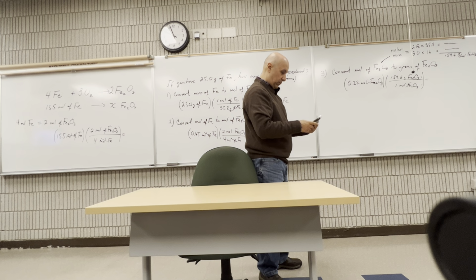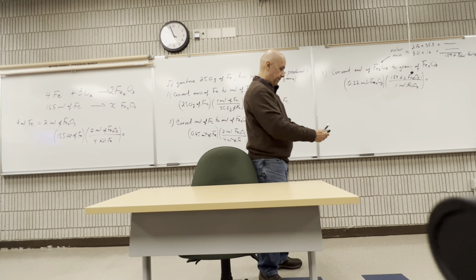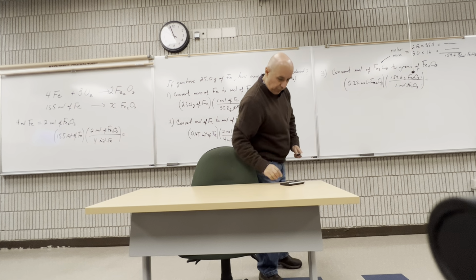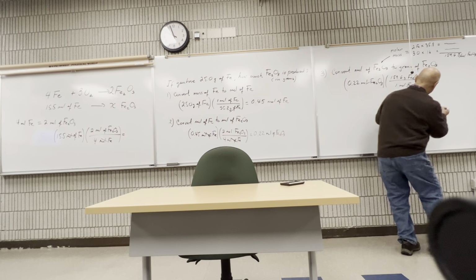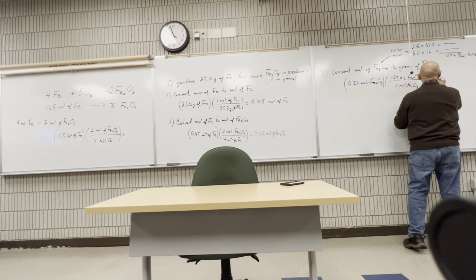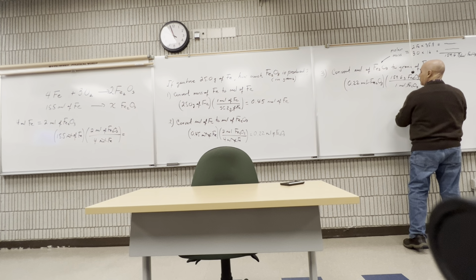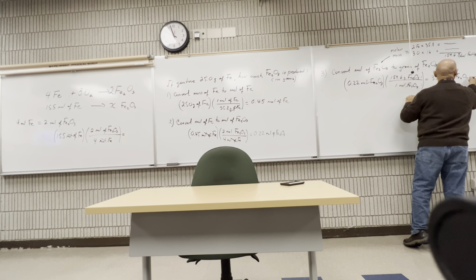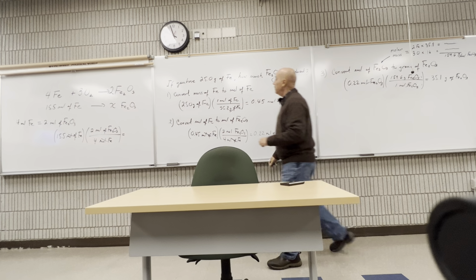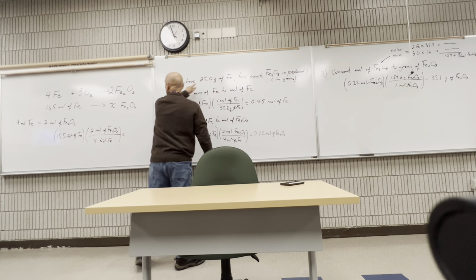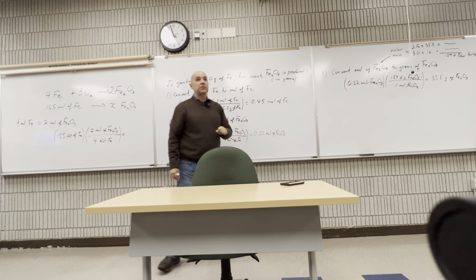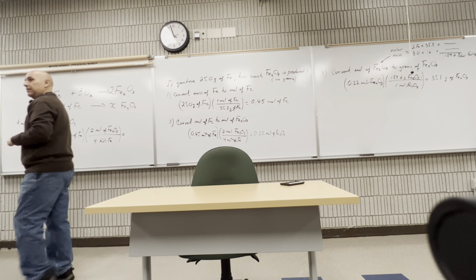So 0.22. I get 35, but that's okay. So 35.1, if you are around 35, then I'm sure you did it right. What are the units? Grams of Fe2O3. So guess what? From 25 grams of iron, we get 35.1 grams of iron 3 oxide.